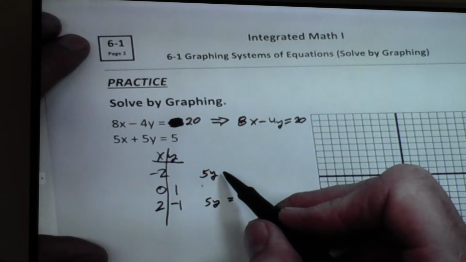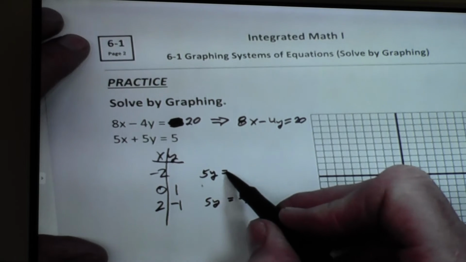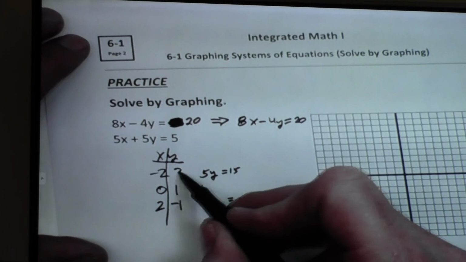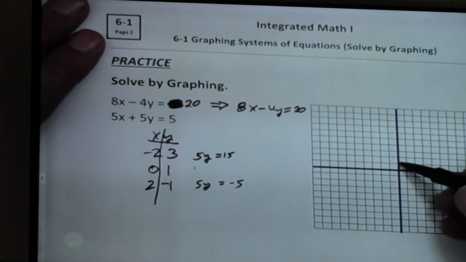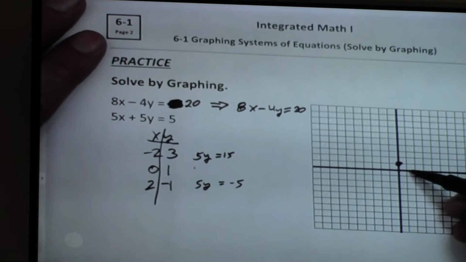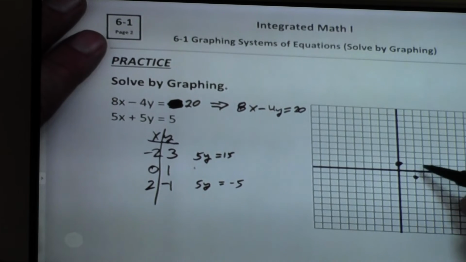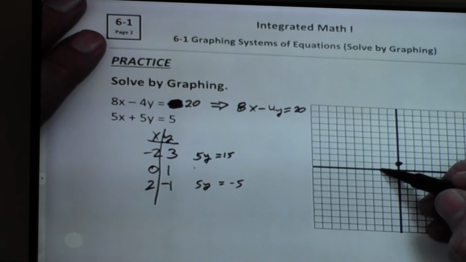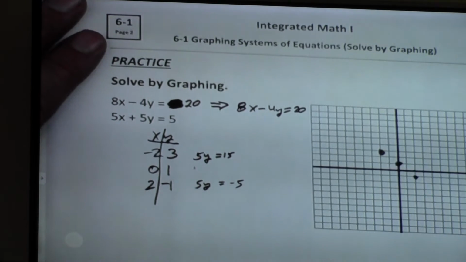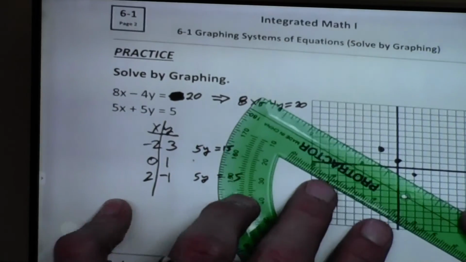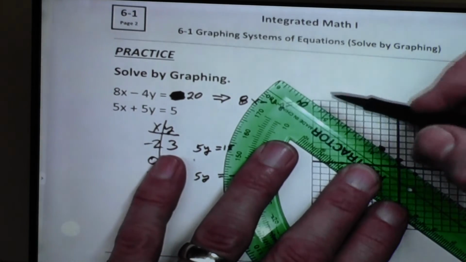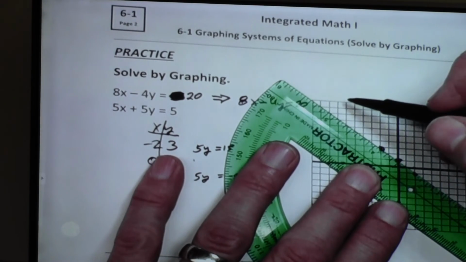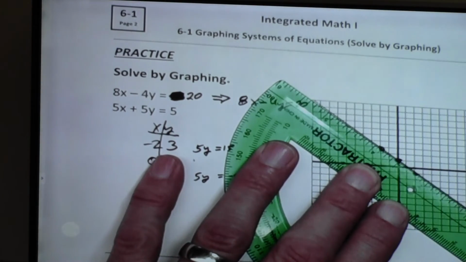I'm going to have 5y equals 15, I'll get a 3. 0 and 1, 2 and negative 1, negative 2 and 3, let's get that line drawn.